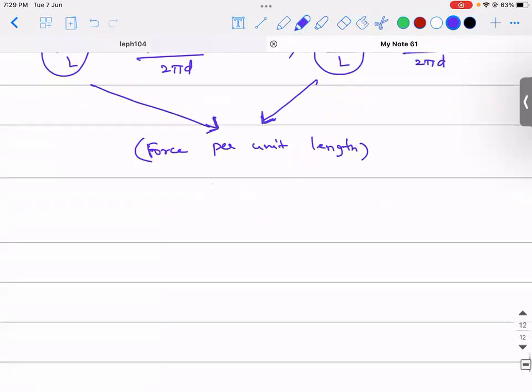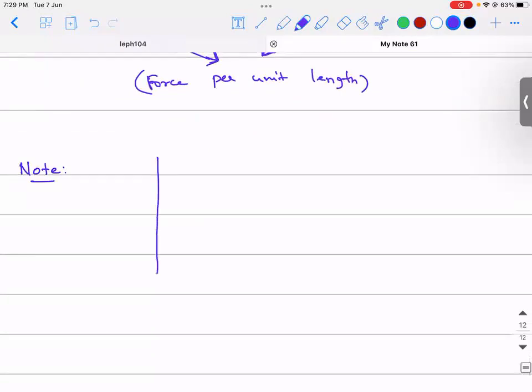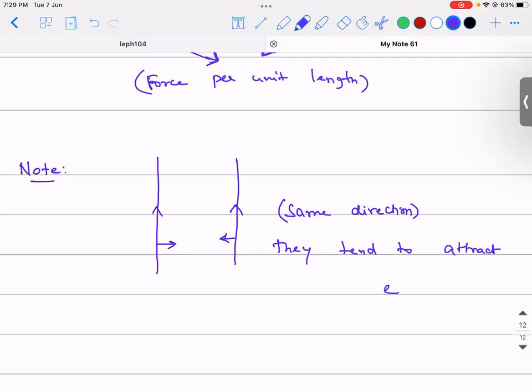And here there is another important note that we are supposed to make. If you observe, in the example that we considered, the current in both the conductors are flowing in the same direction. So what we can say is, if currents are flowing in the same direction, then they tend to attract each other. So generally, same means what will we think?